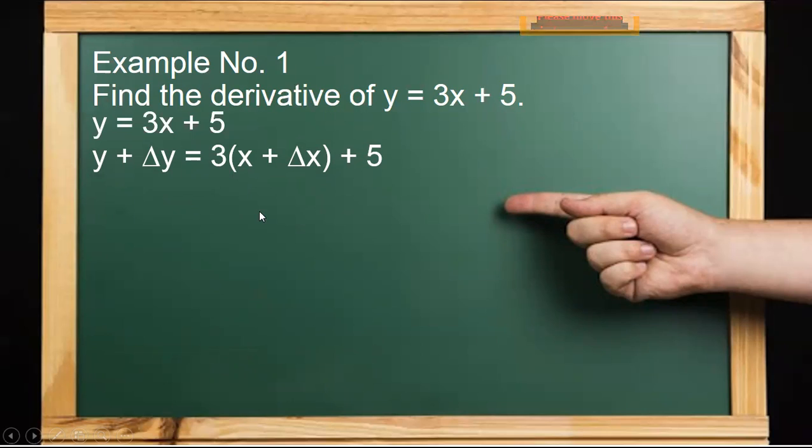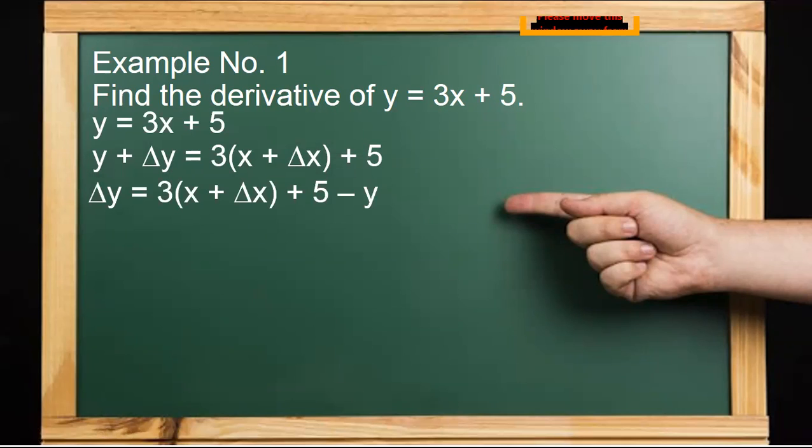So we're going to eliminate the grouping symbol by using the distributive property of multiplication over addition. So this will be your output. And then we proceed with the next step. You transpose y to the other side of the equation.